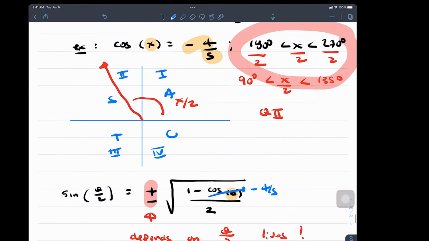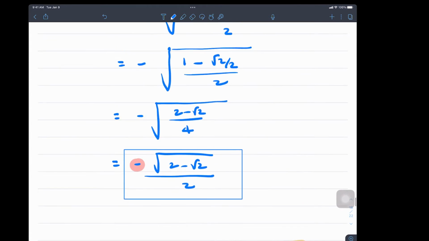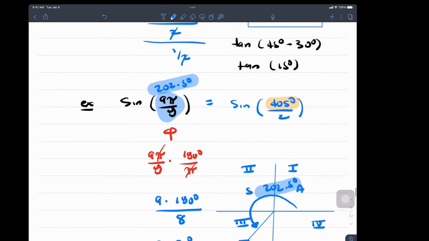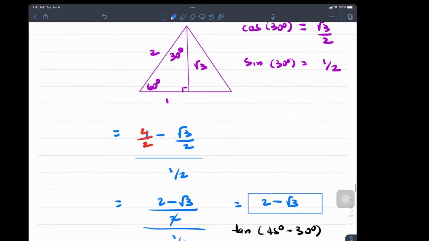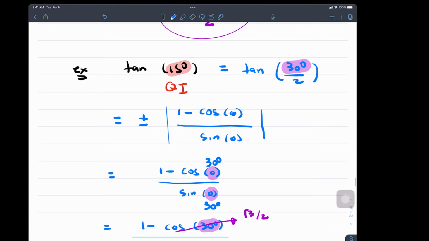Right, and then you go, what about the tangent now? You go tangent half angle. Let me go back up here.